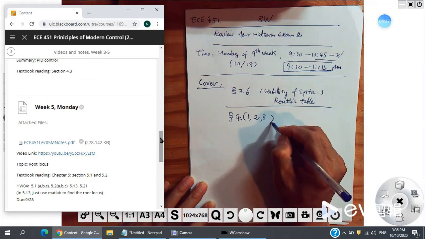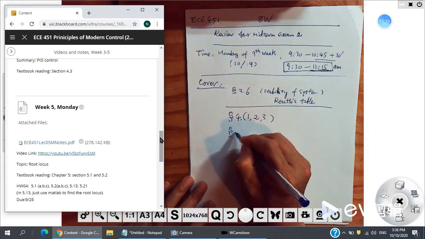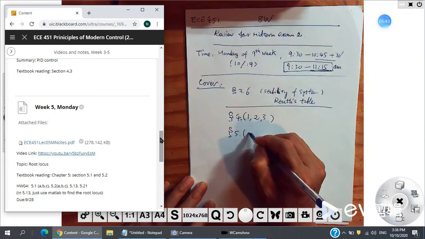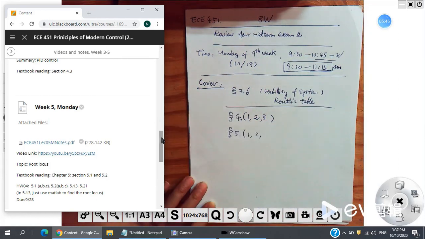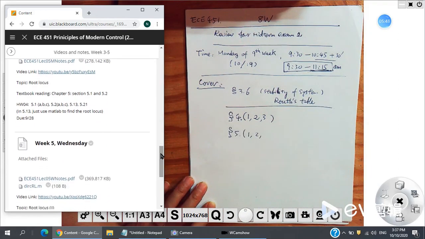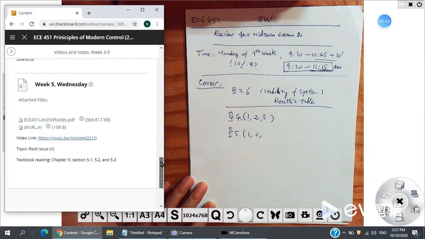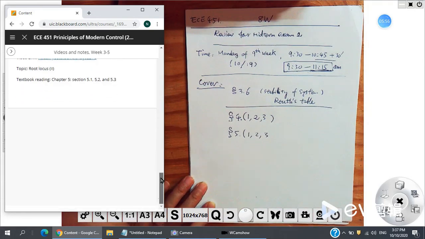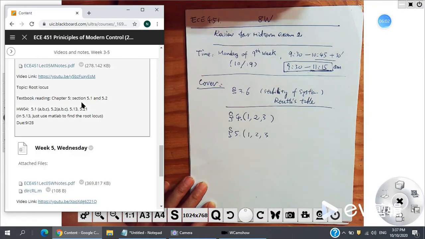Then go to chapter 5, sections 1 and 2. This is week 5, Wednesday. It's sections 1, 2, and 3. Okay, so these are for until week 5.